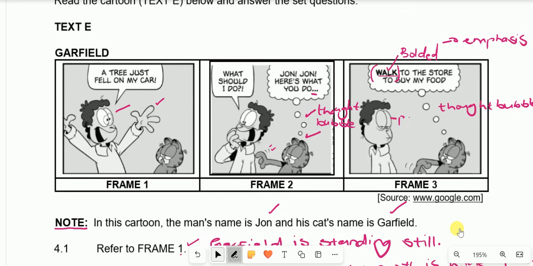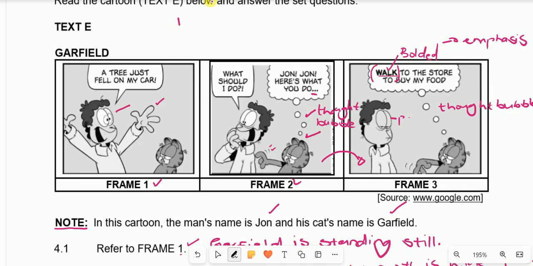So please learn to answer the question of contrast correctly. It says the difference between how John is in frame 1 and 2 in comparison to how John is in frame 3. So in your answer, I must be able to note that here you're talking about frame 1 and 2, here you're talking about frame 3.